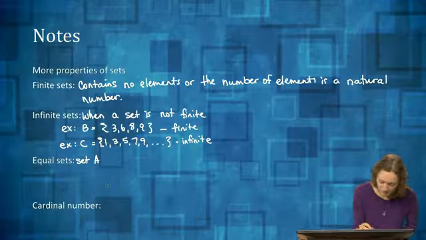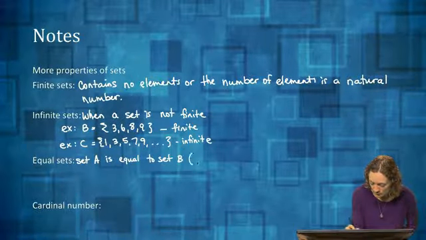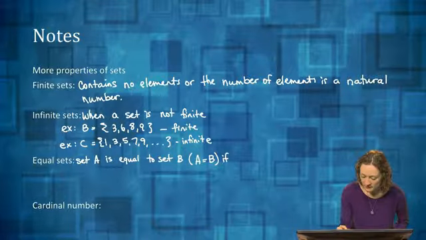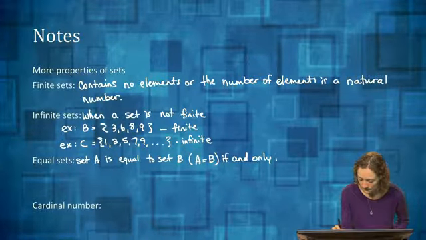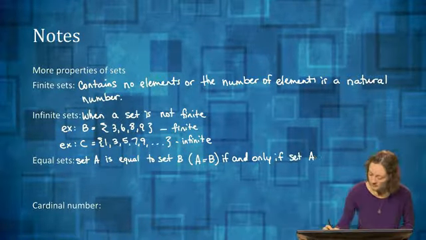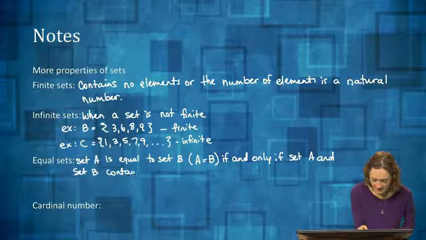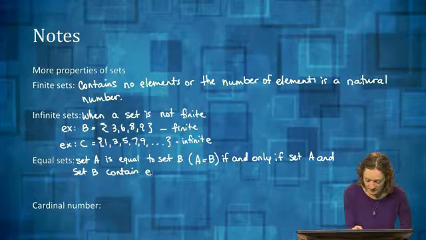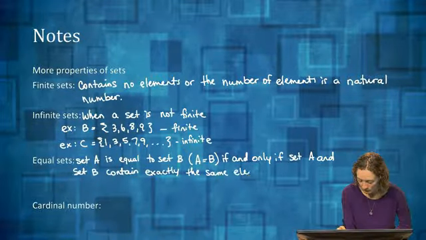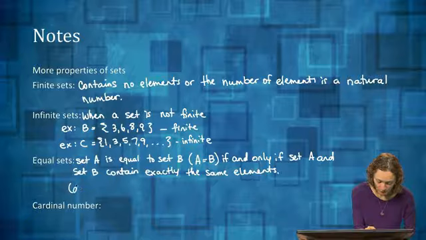Set A is equal to set B, notation-wise, it would look like this, A equals B, if and only if set A and set B contain exactly the same elements. And a note about this, they don't have to be in the same order.